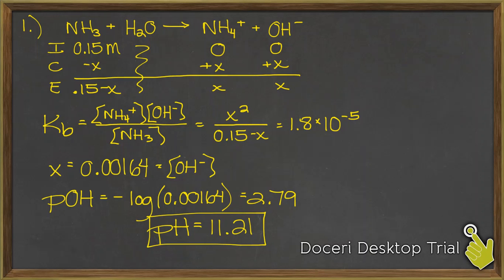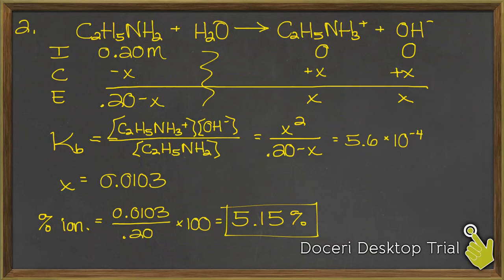Again, get in the habit of asking yourself, does this answer make sense? It does. Ammonia is a weak base. Is my answer in the basic range? Yes, it is. Okay, now number 2 was a very similar setup for a different weak base, but this time, instead of asking for the pH, it asked for the percent ionization.